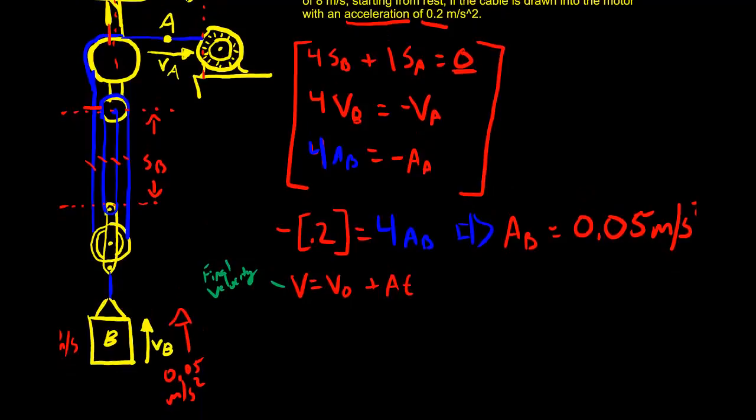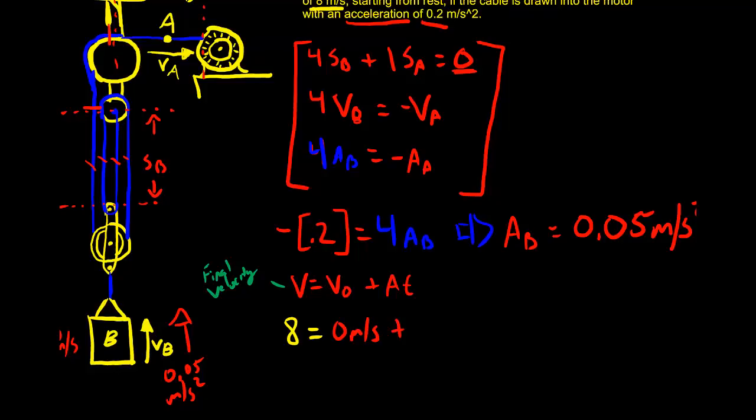We know that V is supposed to be equal to 8 meters per second, and I'll draw that in yellow so you guys have a better idea what's going on. So 8 meters per second, and that's coming from right there. And that's going to be equal to the initial speed, which is 0 meters per second, plus an acceleration times time.